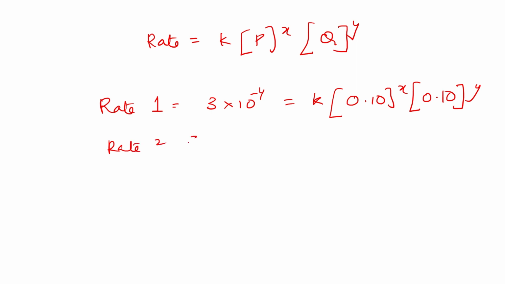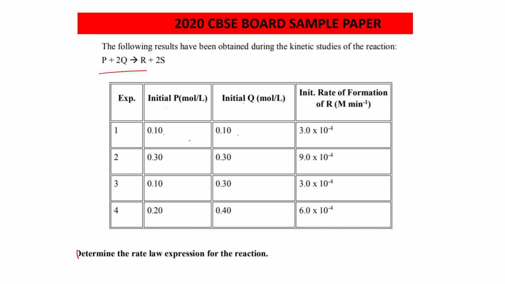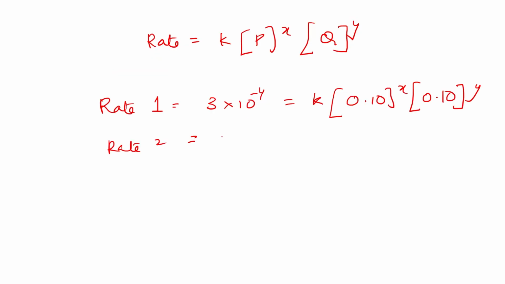Second rate, students. Let us take the second rate. 0.3 and 0.3, and formation is 9 into 10 raised to minus 4. Note that here you have written 0.3 to the power x, and 0.3 to the power y. This is also done.